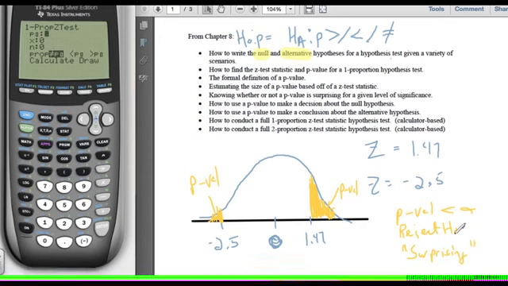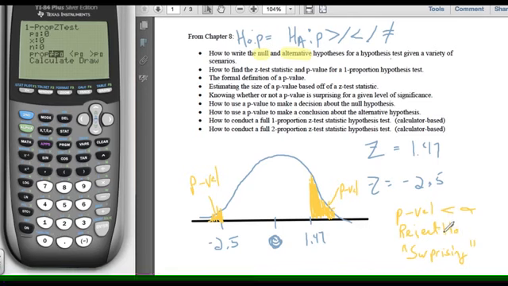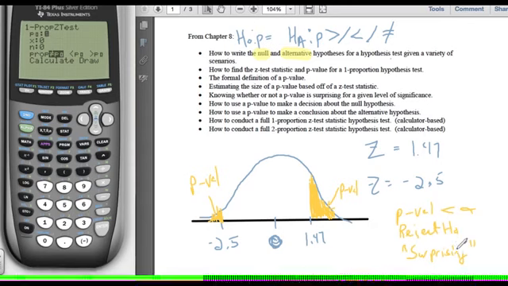Your sample is showing something new that you haven't seen before. You're rejecting that old baseline, that old information that you have from previous studies, so you have a surprising result. So if the p-value is less than your alpha, you reject H0. You could also say that the data are statistically significant to support HA, your alternative.